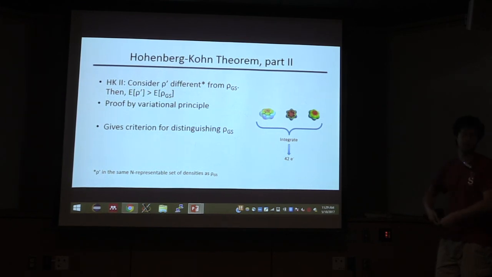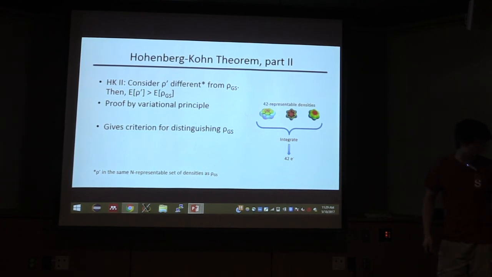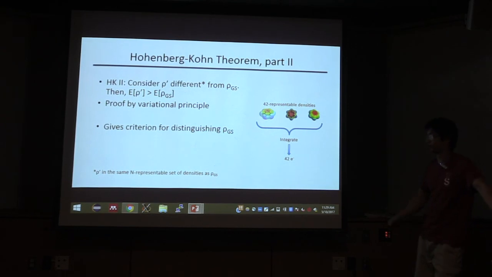But they're different within the set. So of course, if rho prime was part of a different N-representable set, its energy could be lower than the ground state rho. So in density functional theory, you'll sometimes see the term N-representable, and that means that the density integrates to whatever N you're interested in.